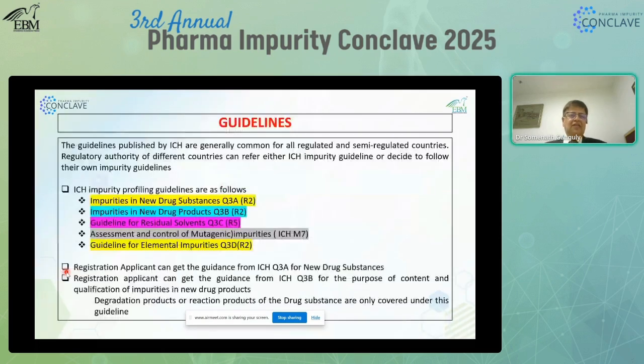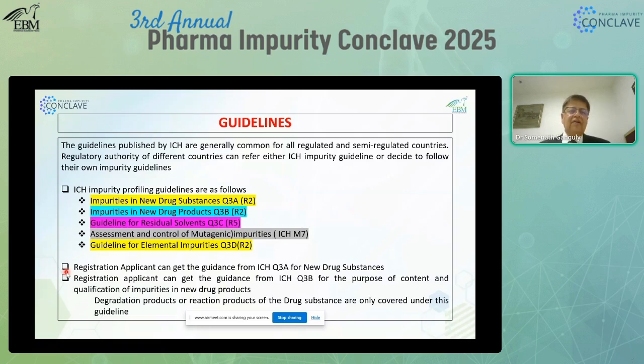I am not going to go through the guidelines line by line. The ICH guidelines are applicable for all regulated and semi-regulated markets, but as we all know, it is not mandatory for the different regulatory agencies to follow ICH guidelines, because country-specific guidelines are also there with respect to impurity.